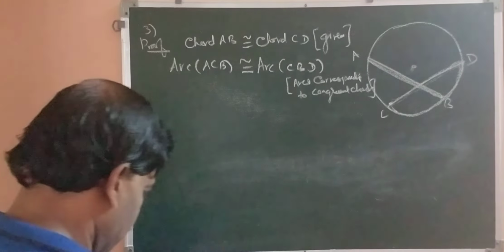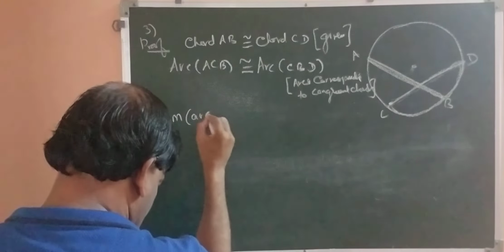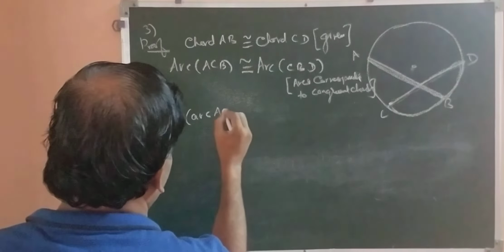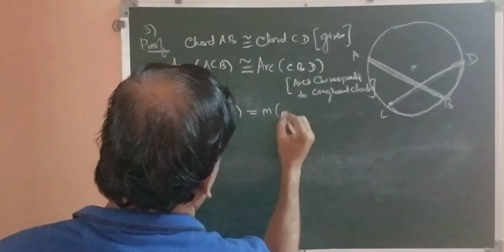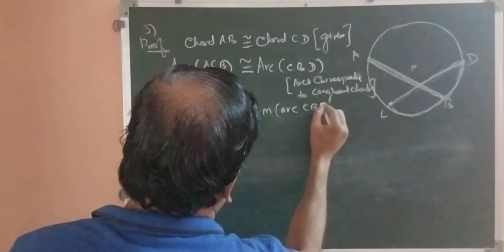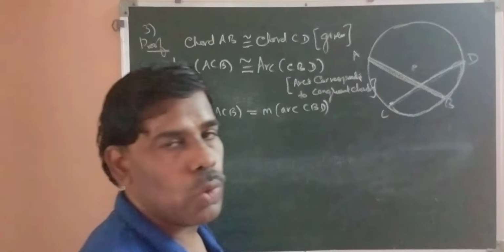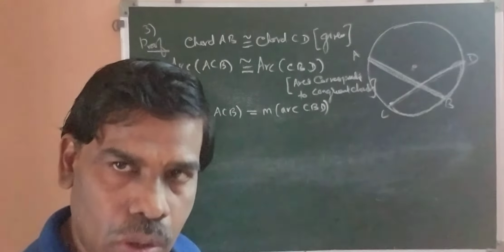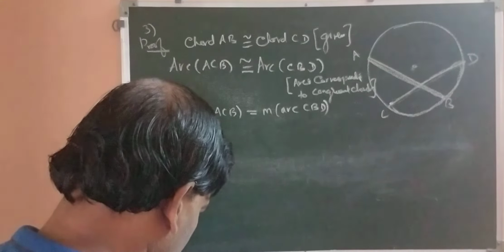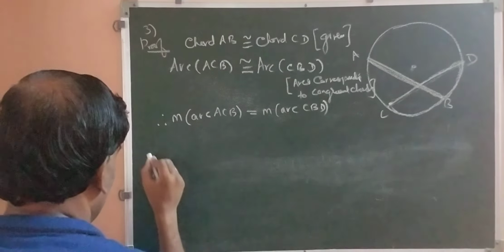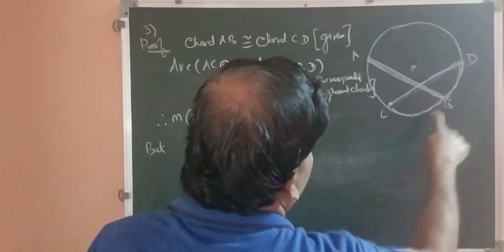Now listen. Therefore, measure of arc ACB equal to measure of arc CBD. See, the two chords are congruent, corresponding arcs are congruent, that means their measures are also equal. Okay, now we will do measure of arc ACB. How will we write?